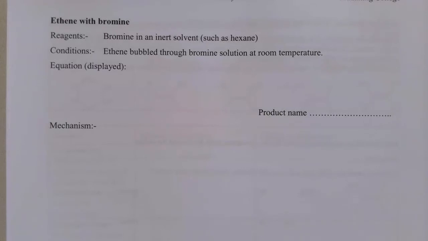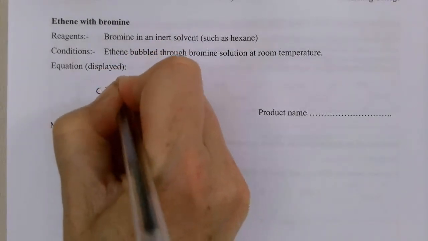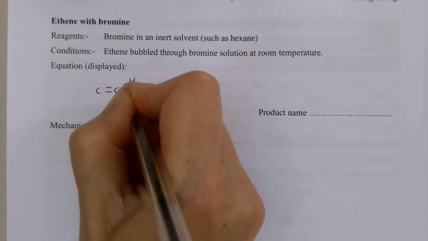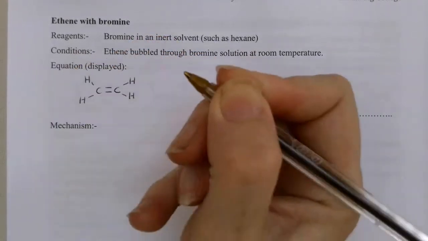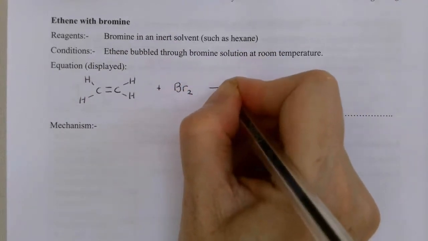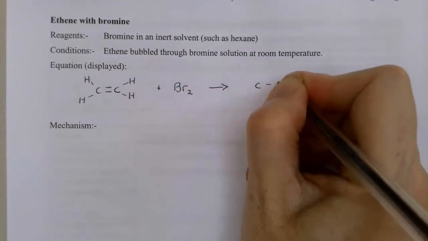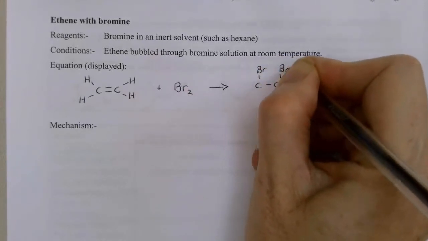So let's look at the example of ethene with bromine. If I look at the full equation, I have my ethene molecule, which has the carbon-carbon double bond, and I'm adding bromine, Br2, and I get bromine adding, because this is an addition reaction, across that double bond.